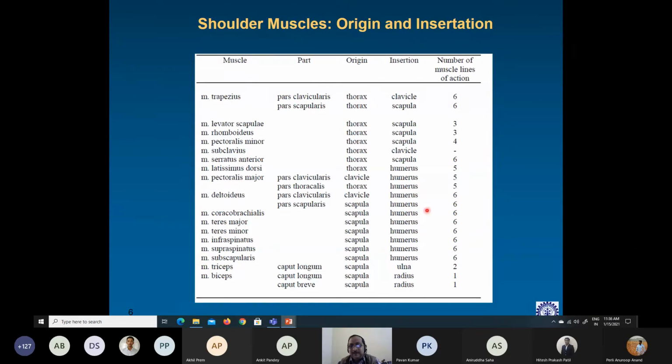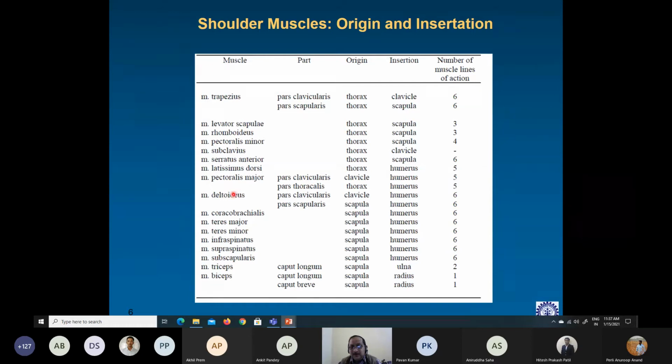This table, prepared by myself, gives you a clear idea of the origin and insertion of the muscles, along with the number of lines of action or lines of force used to represent these muscles.